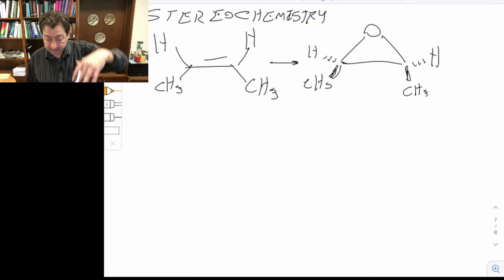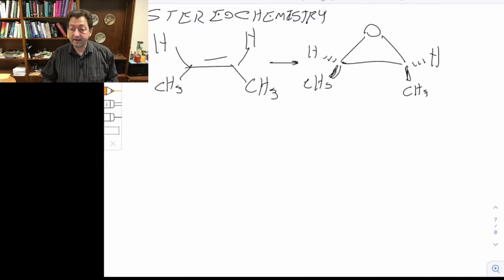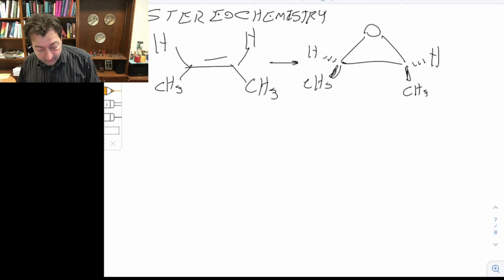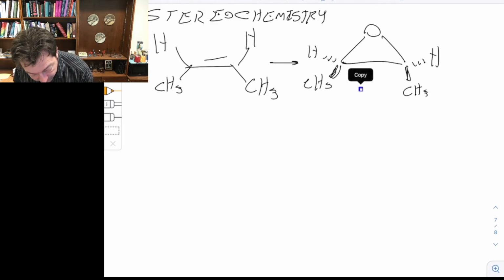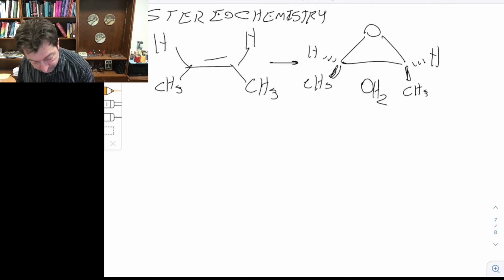So again, coming in, forming that three-membered ring, the two methyls are on the same side of that three-membered ring and the two hydrogens are on the same side of that three-membered ring. And so now let's take a look at what happens to this particular molecule. I'll put in a molecule of water at the bottom here. I'll put an H plus over here.